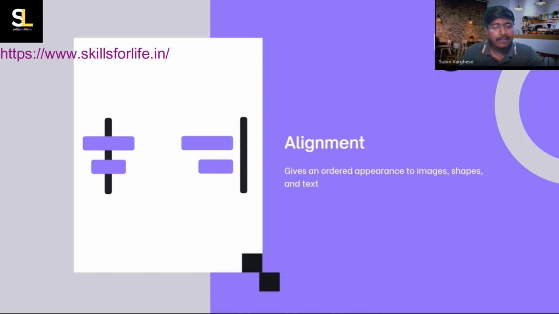Again, keep in mind, things can be aligned to left, center, or right, or even justified. Wherever you keep the object, keep an alignment with the text box or the sample boxes which have been kept there.